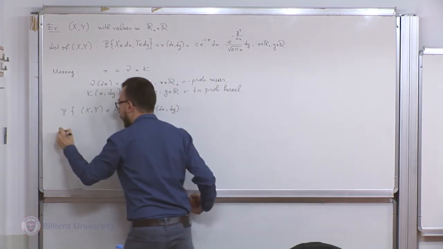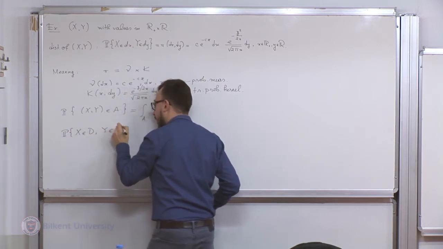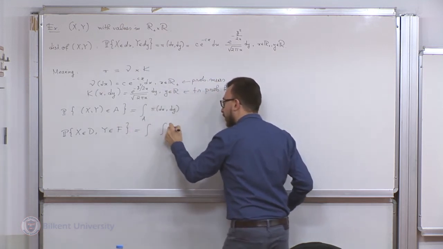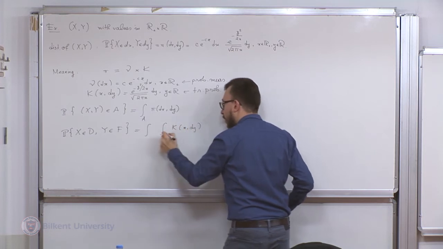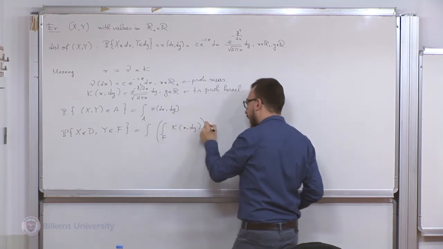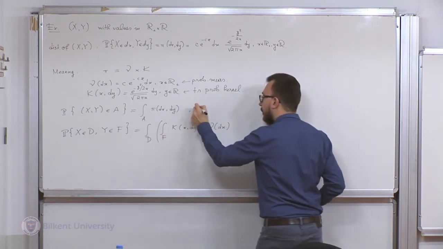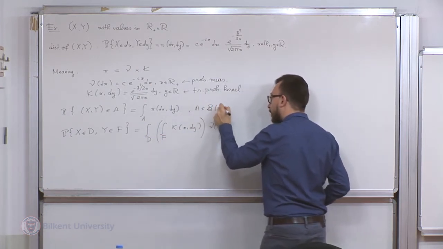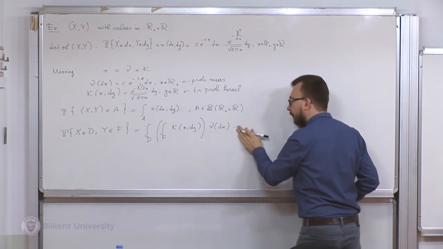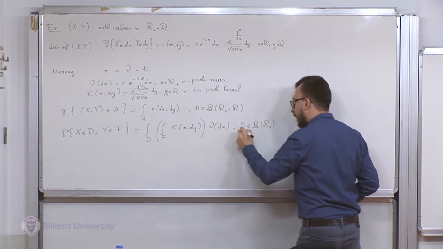So in particular, if you have a measurable rectangle, X is in D and Y is in F, you can write it as a double integral, right? So integral of the kernel part over F, and then this times nu dx, integral over D. So this is for A, which is Borel measurable on this set, and this is for D in here and F in here.